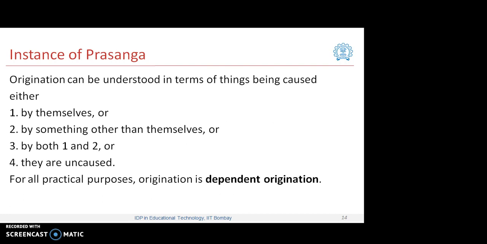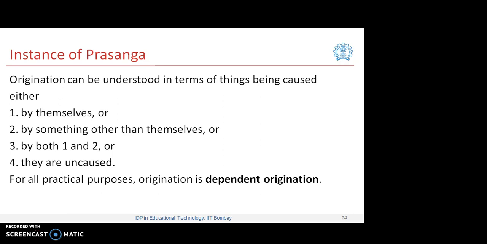Nagarjuna examines the notion of origination, and he suggests that origination can be understood in terms of things being caused either by themselves, or by something other than themselves, or by both first and second, or the things are uncaused. He examines all these four positions and shows the contradiction in each of them.